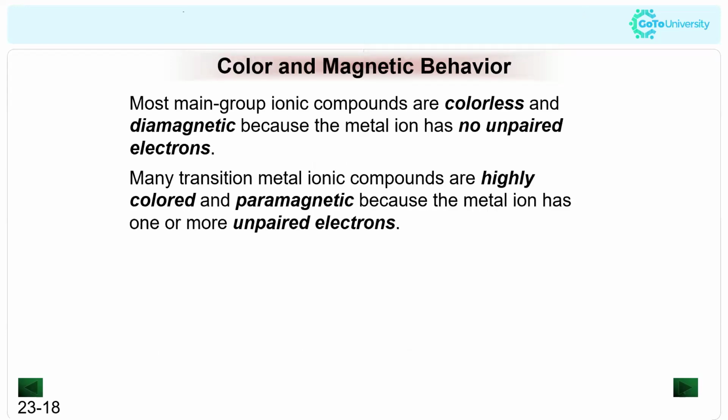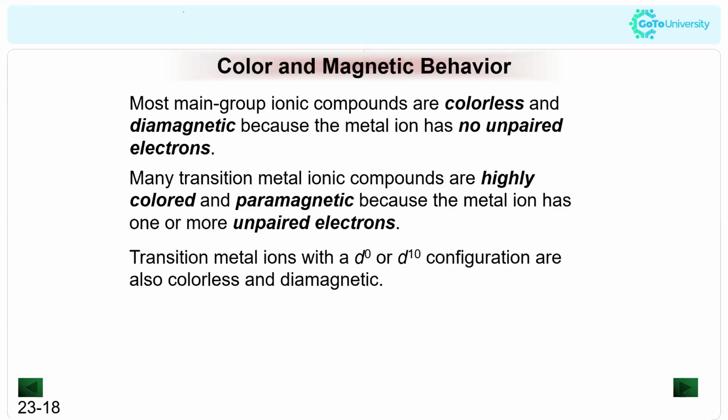Now coming to the color and magnetic behavior, main group compounds are colorless and diamagnetic because the metal ion has no unpaired electrons. If the species does not contain any unpaired electrons, they will be diamagnetic, right? But if they contain at least one unpaired electron, they will be paramagnetic.